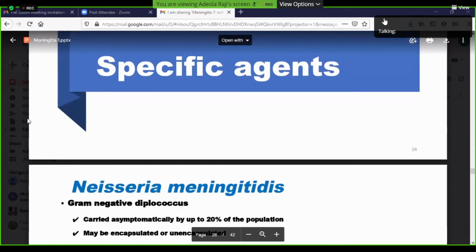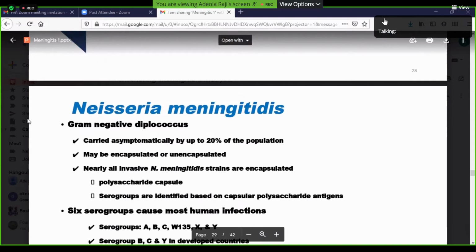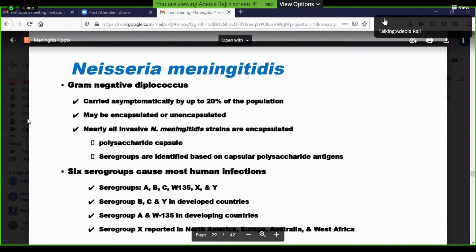Now let's discuss specific bacterial agents, starting with Neisseria meningitidis. Neisseria meningitidis, from the laboratory perspective, are gram-negative diplococci. You know what that means. These organisms will stain pinkish or red, and they appear to be in pairs.